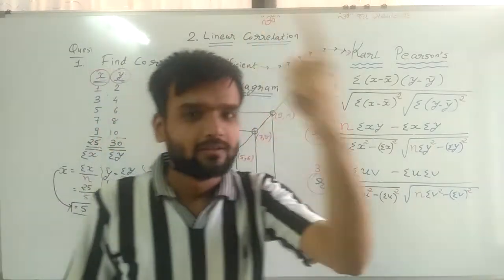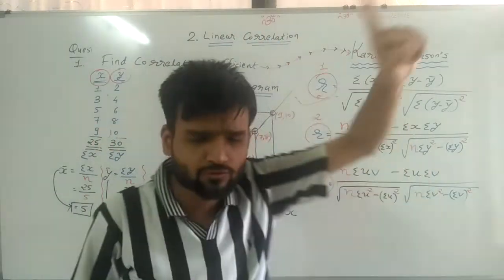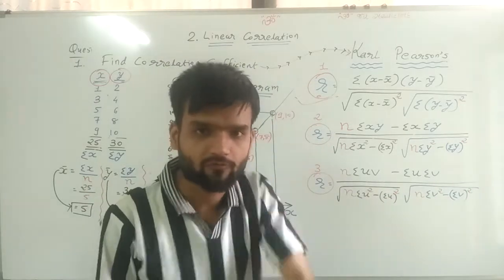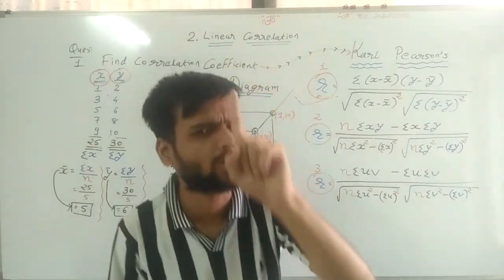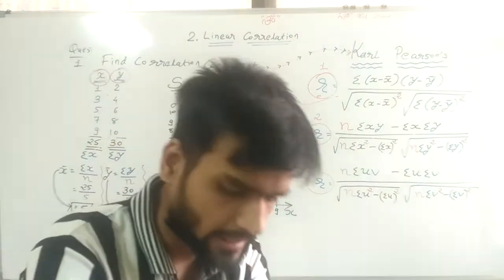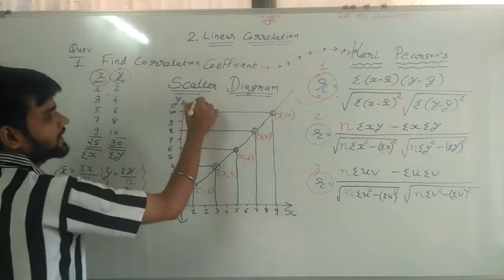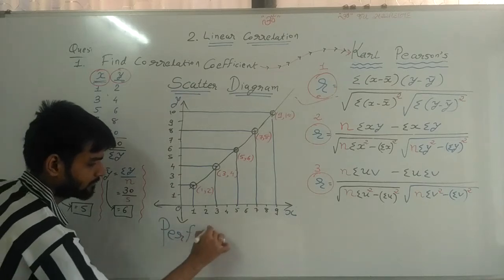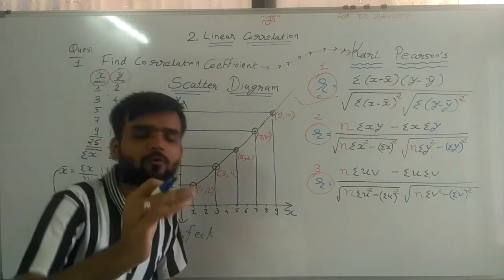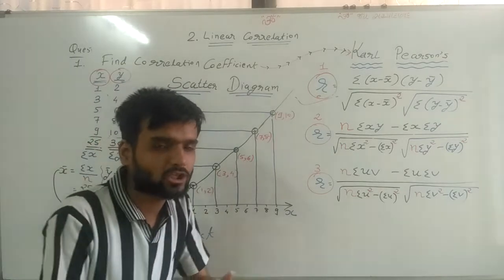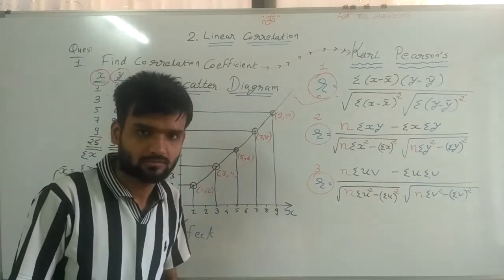Now remember that thing which was done in the first lecture. If all the points are on one line, then we can write that it shows a perfect relation.